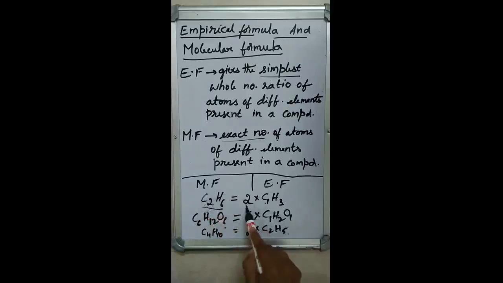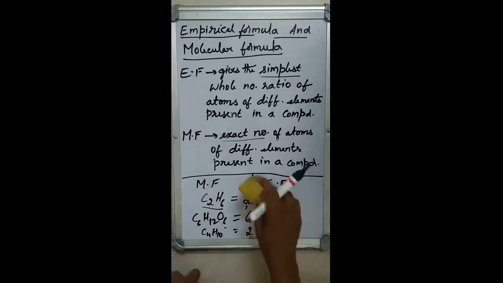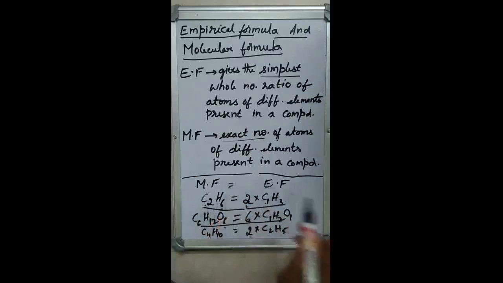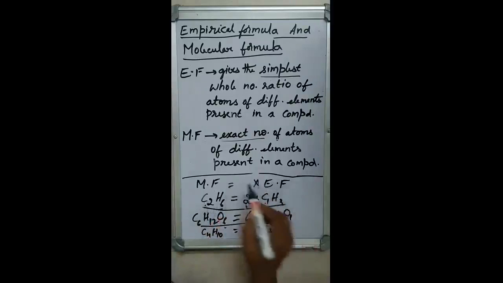In the first example that I have taken, the value of n is 2. Here it is 6, and here it is 2 again. So if I take different examples, this value varies. So how can I relate them? Based on these I will write the relationship. Molecular formula is equal to n multiplied by the empirical formula, so in the place of these numbers I will write n.